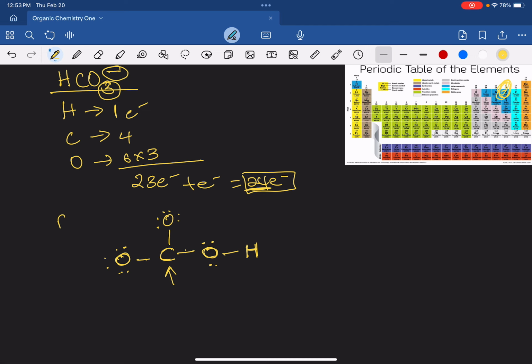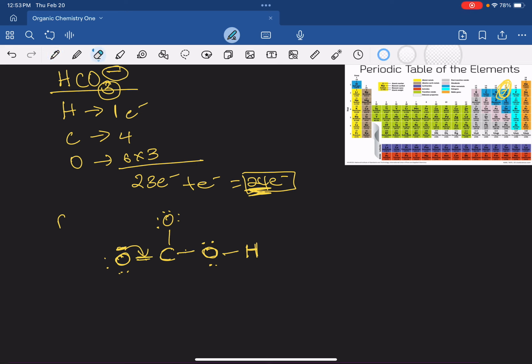But carbon does not have 4 bonds. So at this point, I don't have any more electrons to put onto this atom, because we have 24. So the only possibility for me is to use these 2 electrons, transfer them in here and make a double bond.